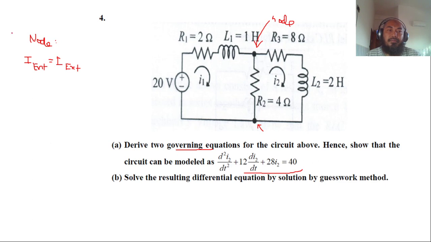Then another theory, the Kirchhoff voltage law. This is called Kirchhoff's first law, and then another one is Kirchhoff's voltage law.